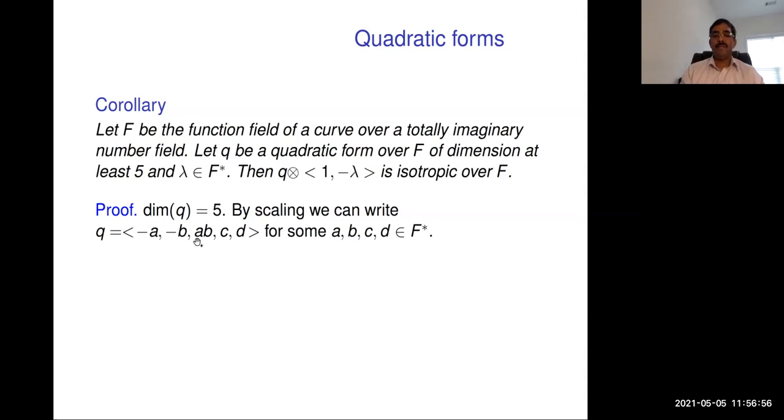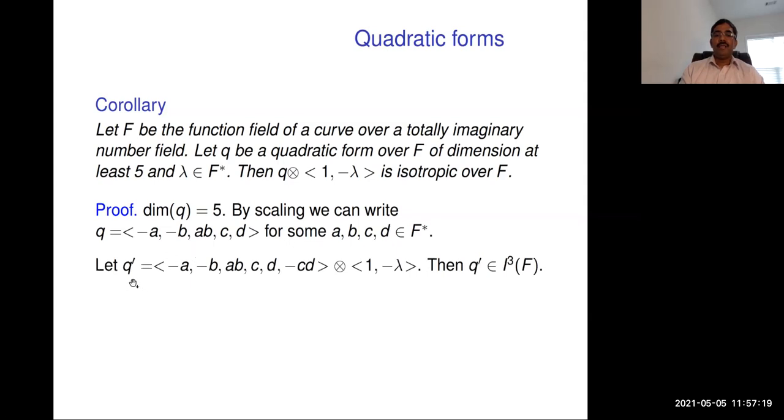You look at the first 3-dimensional form, take its determinant and multiply by that. Then the first 3-dimensional form has determinant 1, and some C, D, so this is for some A, B, C, D. Up to scaling, any 5-dimensional form looks like this. There is nothing special about this.